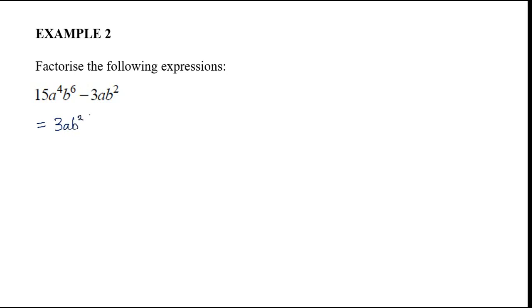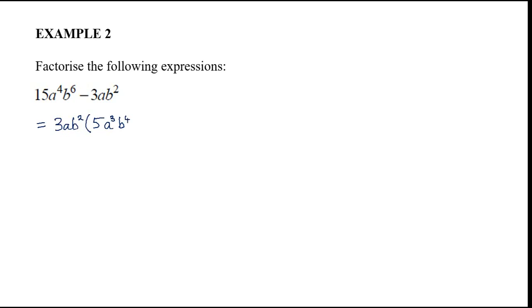Now you open the brackets and ask, how many times can 3 go into 15? That is 5 times, so you write 5. a to the power of 4 divided by a to the power of 1 is a to the power of 3. b to the power of 6 divided by b to the power of 2 is b to the power of 6 minus 2, which is 4.